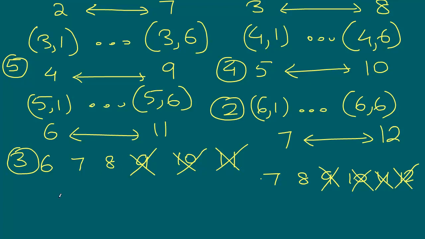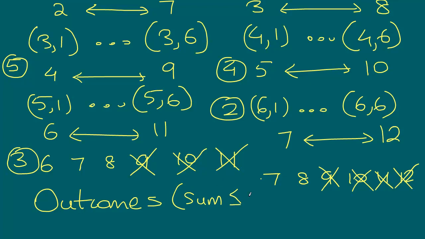So let's now count how many outcomes are favorable to our event, where the sum is less than or equal to 8.